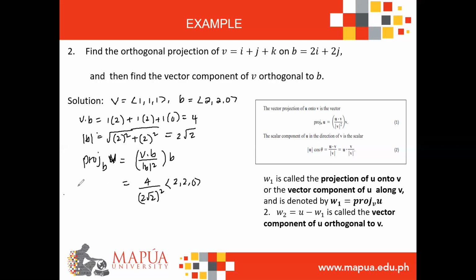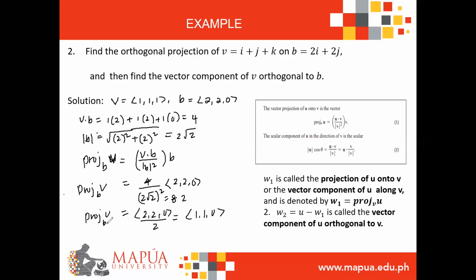The magnitude squared gives us 8, so this will cancel and this will now be 2. Therefore, we have 2, 2, 0 over 2, which we can also write as 1, 1, 0. So this is the projection of v onto b.